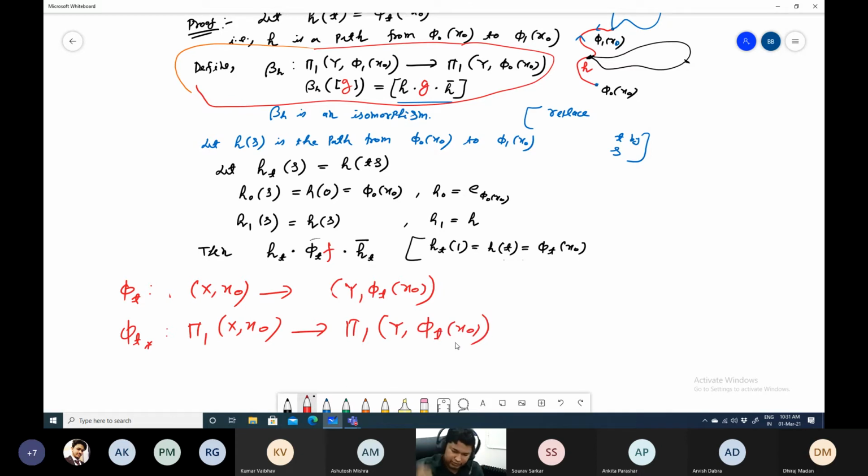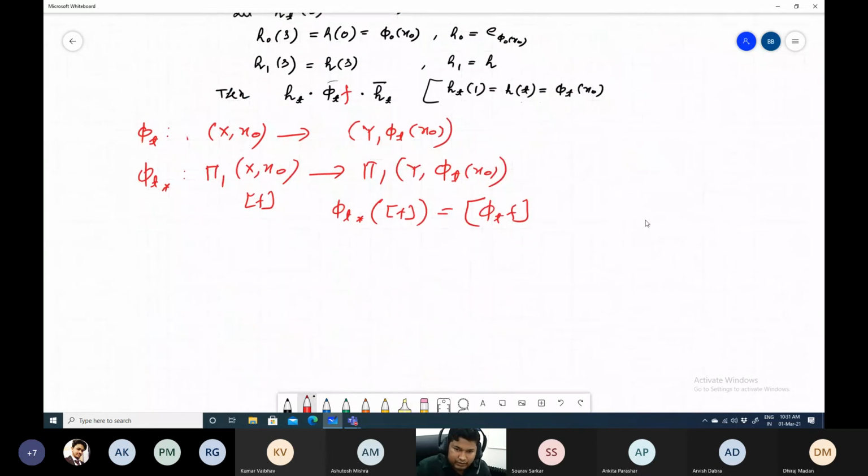Right. So now if we take a loop f, for any loop f, we have phi t star f equal to phi t composed with f. Okay, now we have this phi t actually.